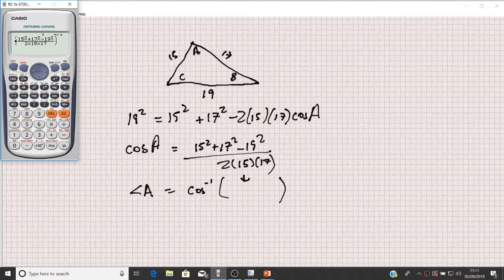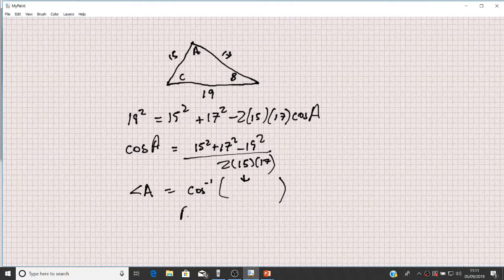And that should give me an angle at A of, we'll just call it 72.5. So A equals 72.5. So mark that up there, 72.5.